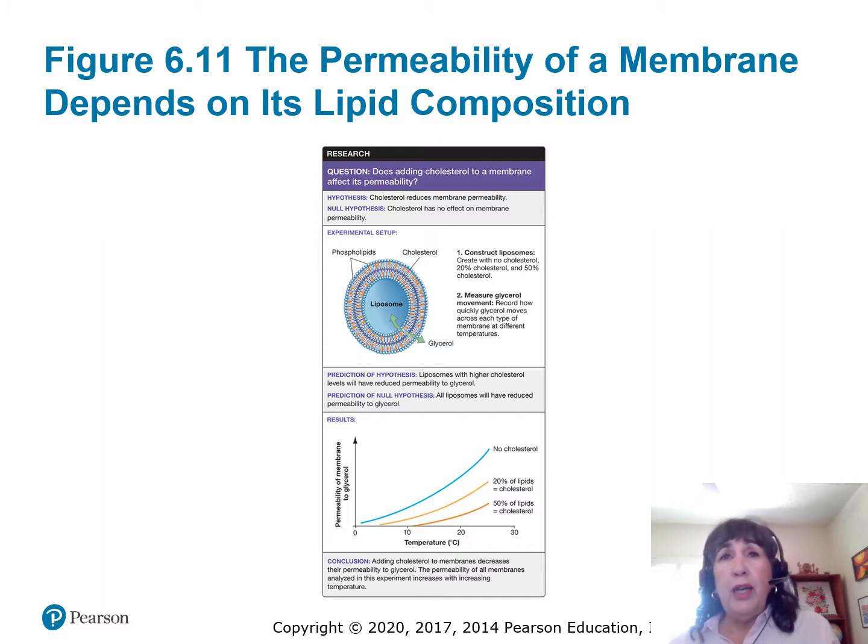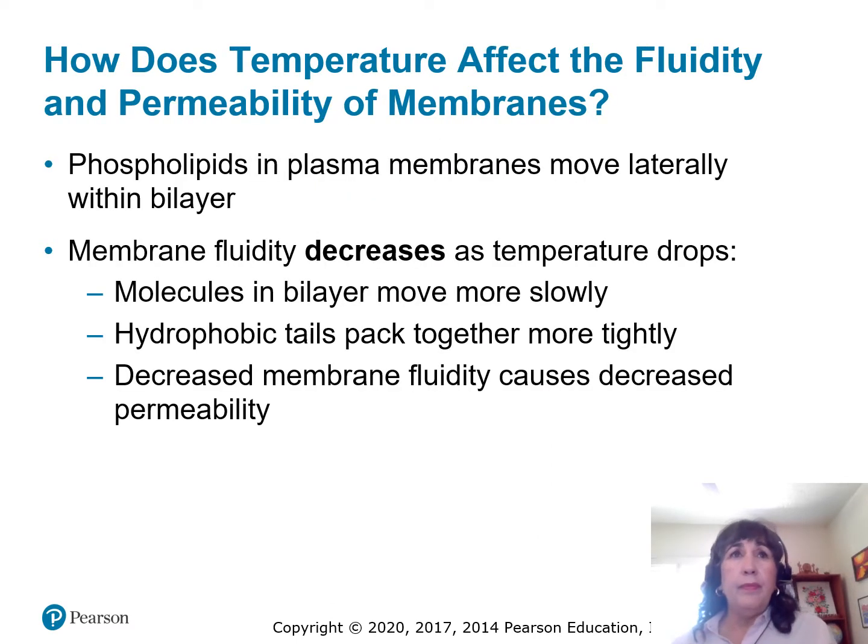As temperature increases, permeability increases. In other words, it curves up. Notice as we start increasing the amount of cholesterol, the permeability decreases. And in all three cases, whether there's no cholesterol, 20%, or 50% cholesterol, as temperature increases, so does the permeability of the membrane. So this is a very interesting graph.